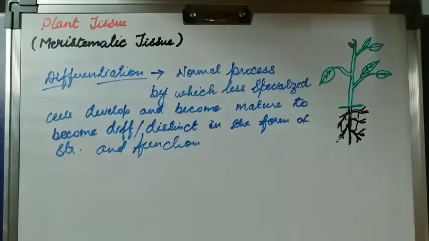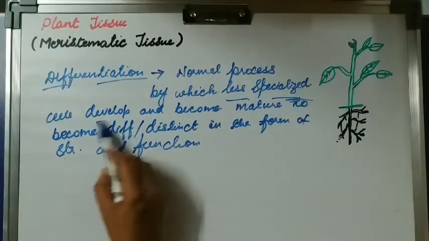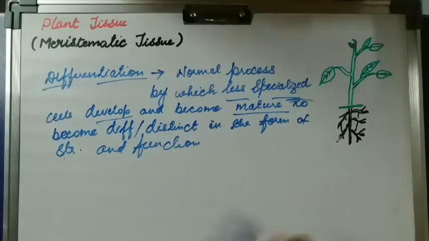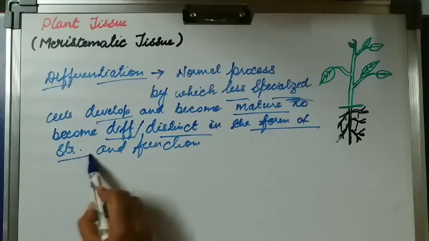So this is your differentiation, a normal process by which the less specialized cells develop and become mature. They will mature to become different and distinct in the form of structure and function.